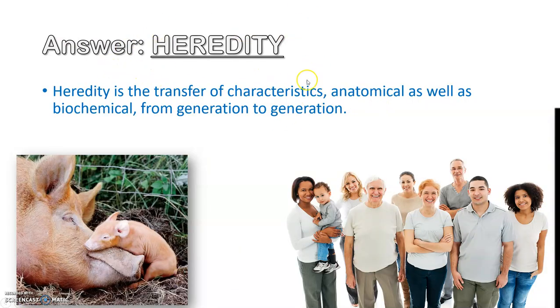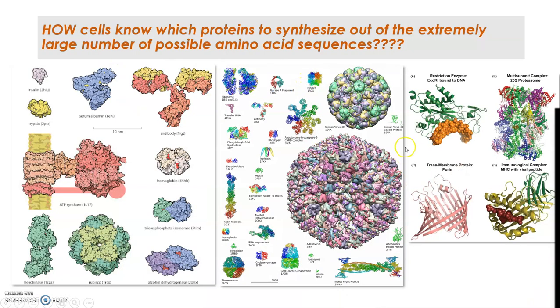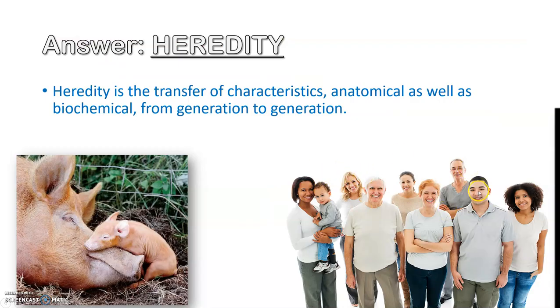So the information on how we synthesize this came from our parents. Just as piglets came from pigs, we came from our parents, of course. Heredity is the transfer of characteristics, anatomical as well as biochemical, from generation to generation.